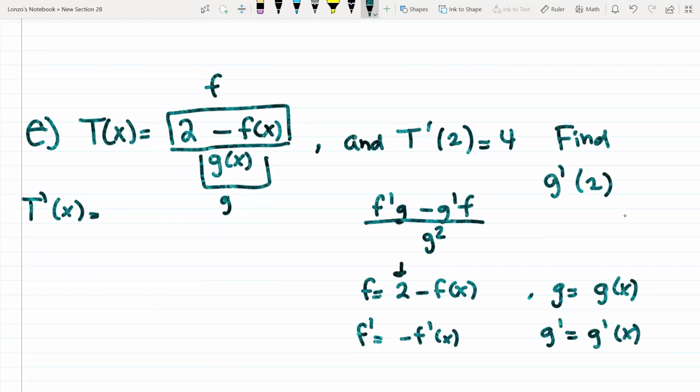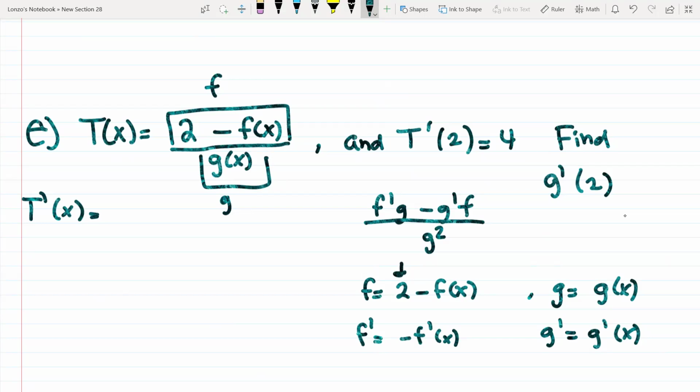Okay, so now you apply the quotient rule. Quotient rule is f prime of g.